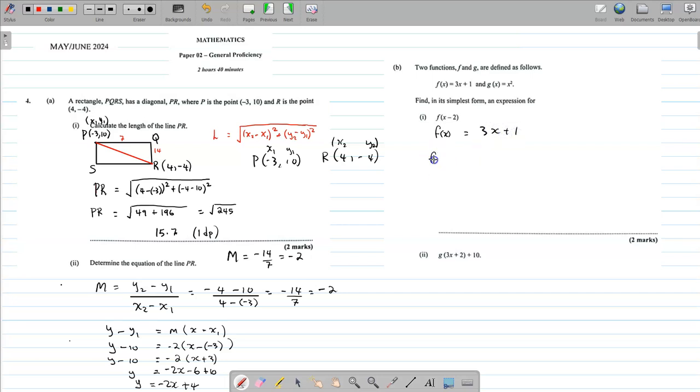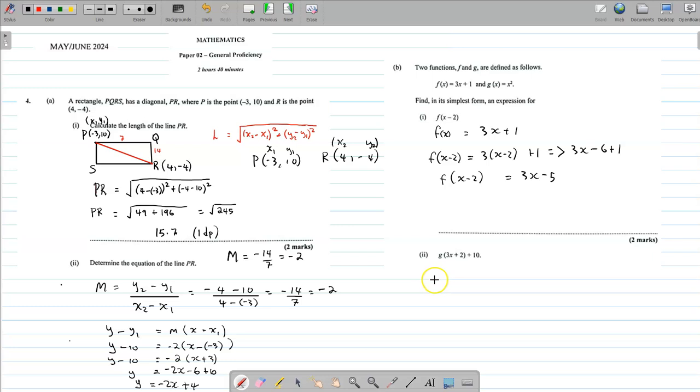If we want to find f of x minus 2, we just simply substitute x minus 2 in the function, which is 3 into x minus 2 plus 1. That would imply that we have 3 times x is 3x, and 3 times minus 2, that's minus 6, plus 1. So it means that f of x minus 2 would be equal to 3x minus 5.